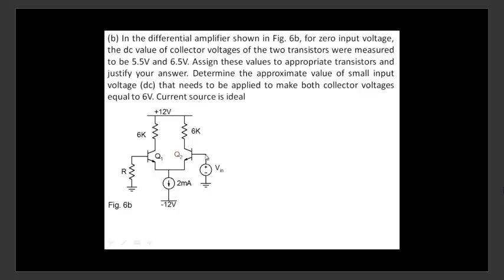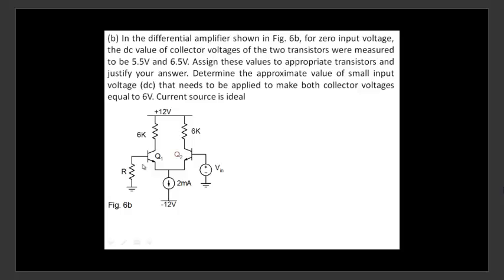So there's no reason to expect now that the 2 milliamperes will divide equally between these two, and that's why the voltages are different, 5.5 and 6.5 here. So the issue is now, which one is 5.5 and which one is 6.5? That's what we have to figure out.